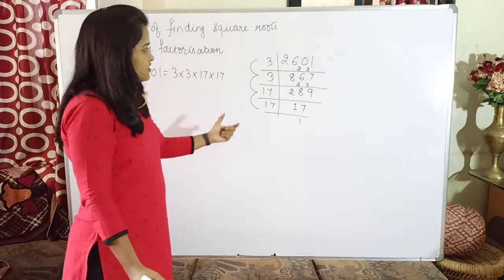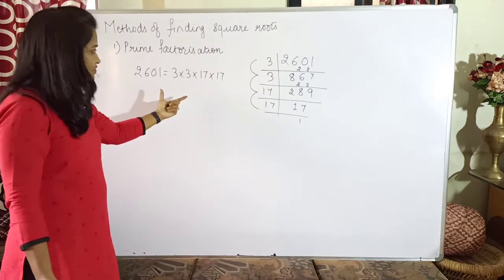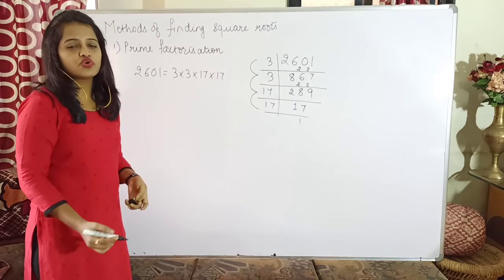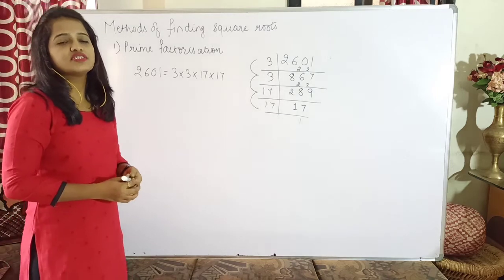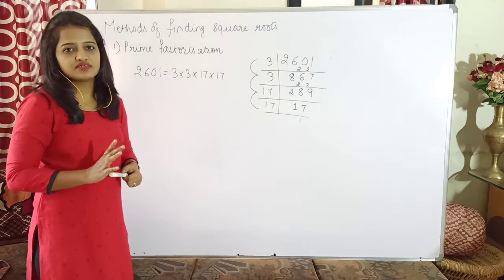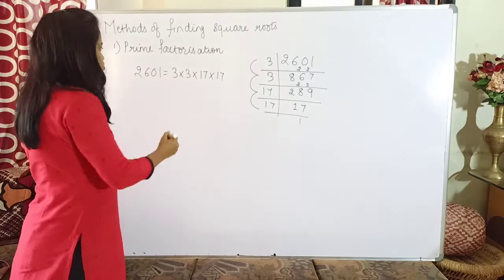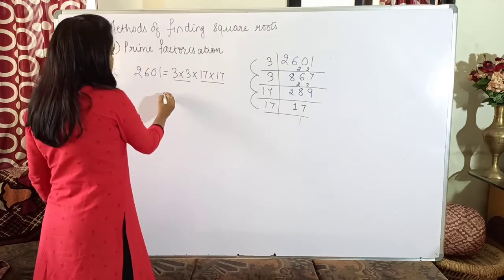So what we have done, first of all, we have found all its prime factors and then we have written them. Now the next step is, if you have to find the square root, or if the given number is a square, all the prime factors have to be present in pairs. In pairs means in groups of 2. So 3 is present in a pair, whereas 17 is also present in a pair.